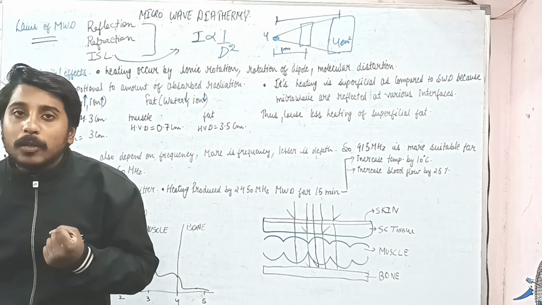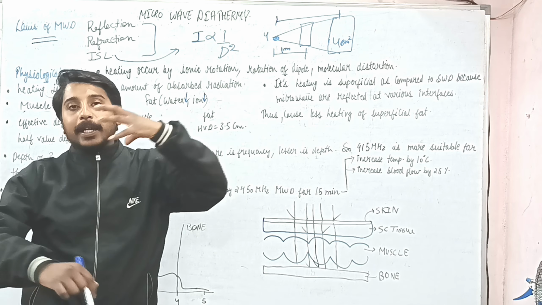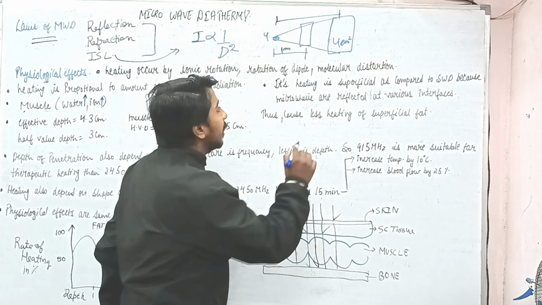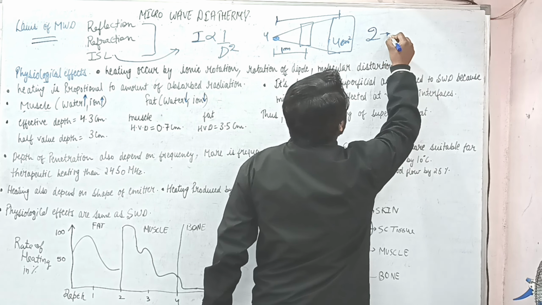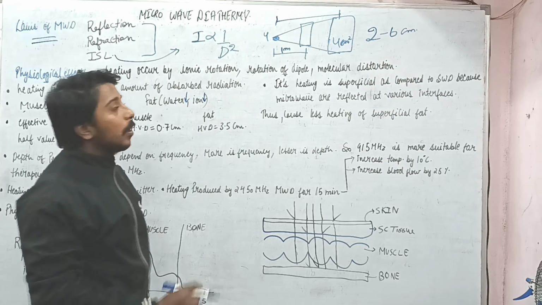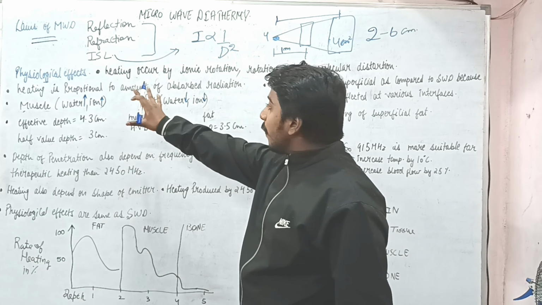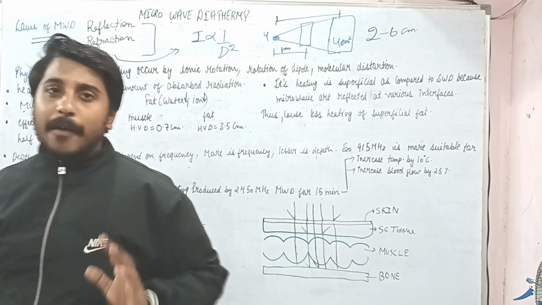Why is this important to know here? Because we do not place the MWD emitter in contact with the body. It is placed at a distance of 2 to 6 centimeter. Now moving toward the physiological effects. It is very simple.